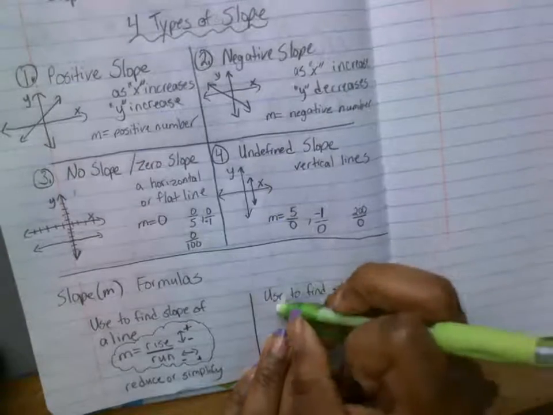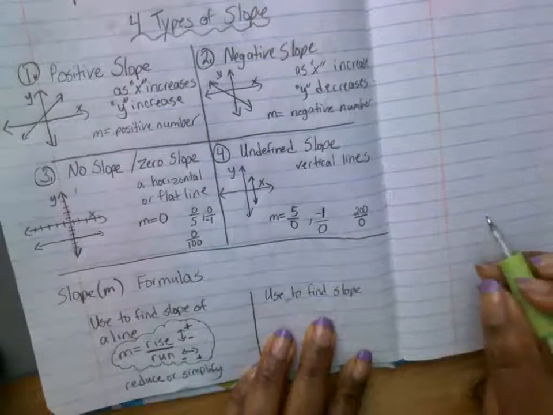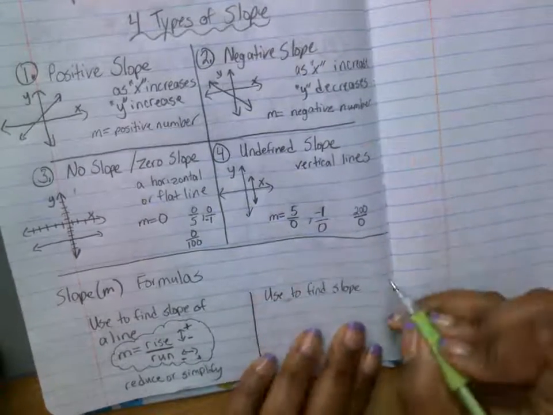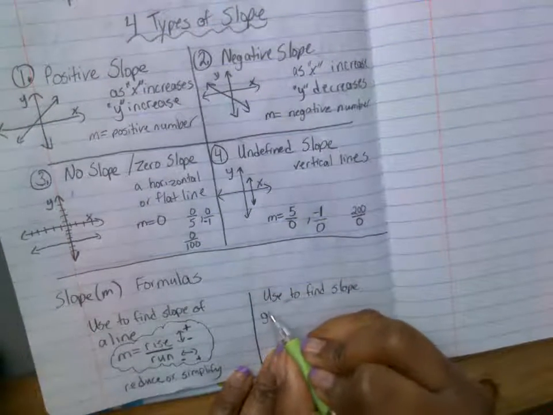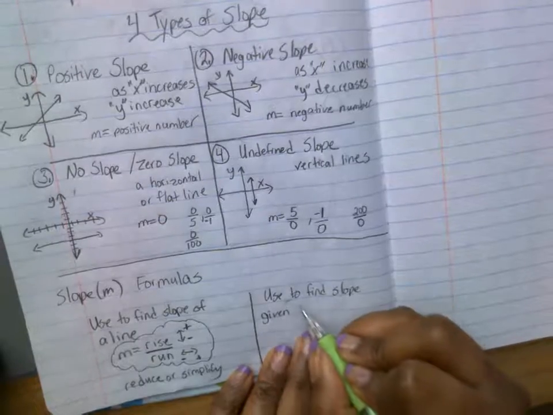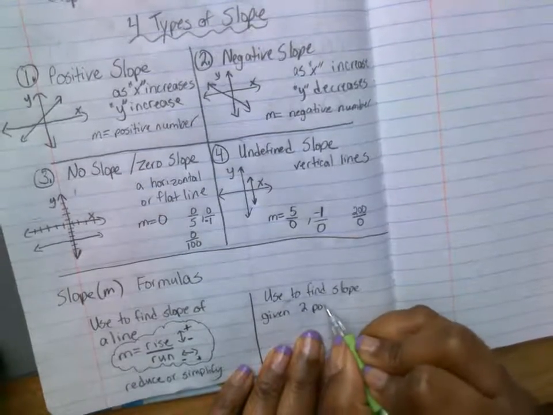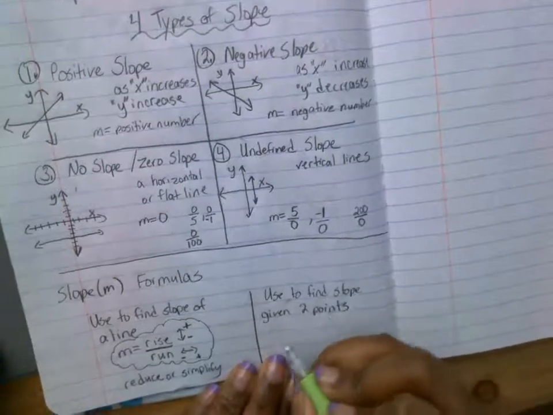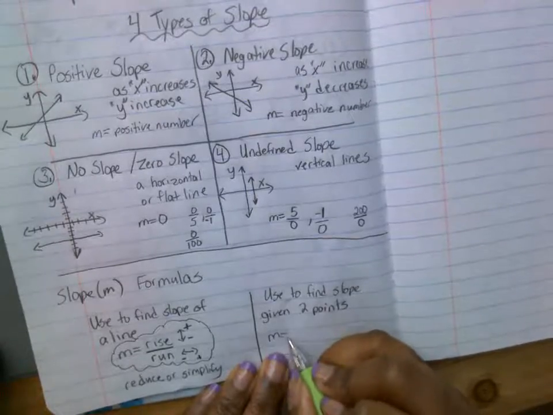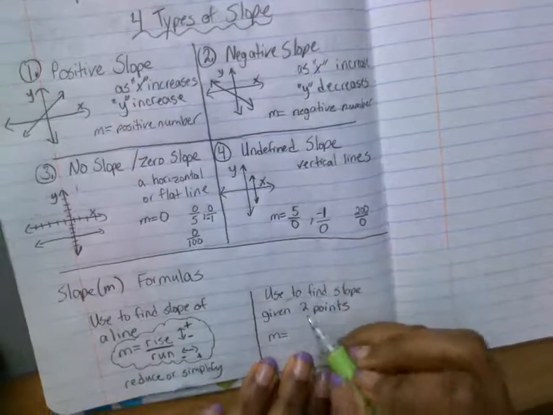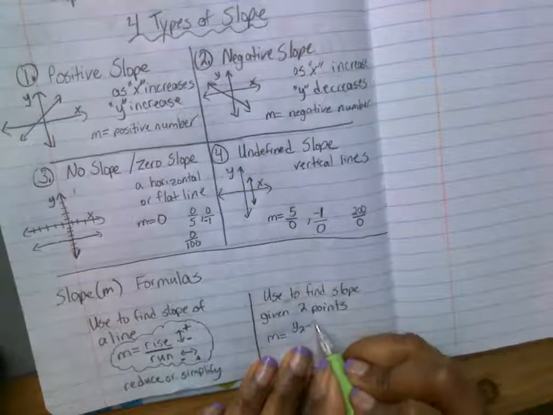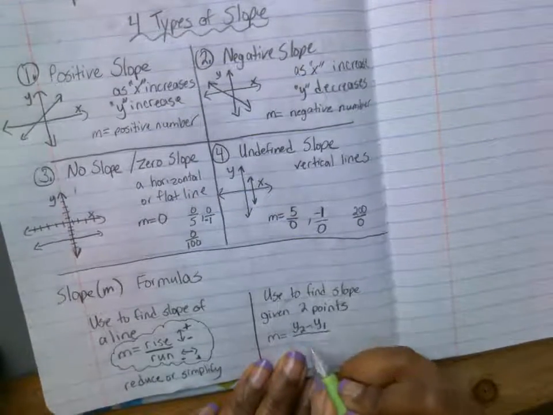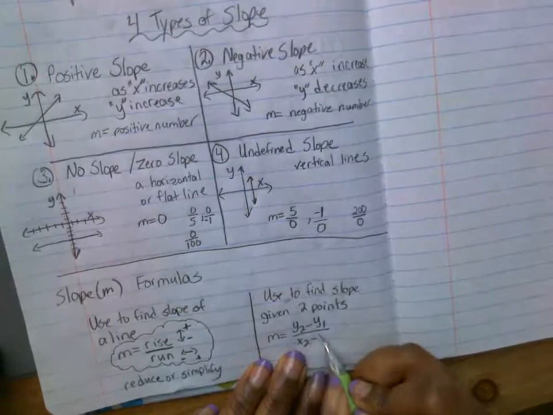Oh, good. So let's write that down. What do you think it is, babe? Perfect. So M is equal to Y2 minus Y1 over X2 minus X1.